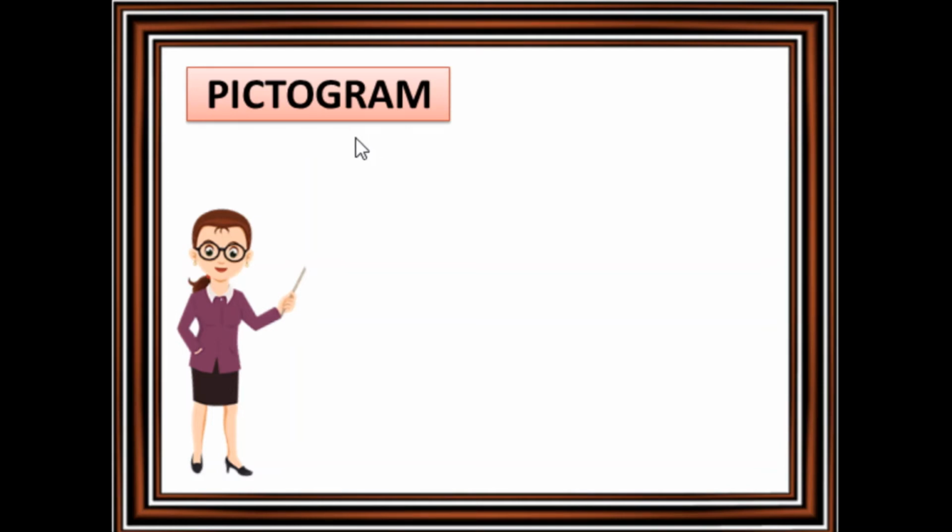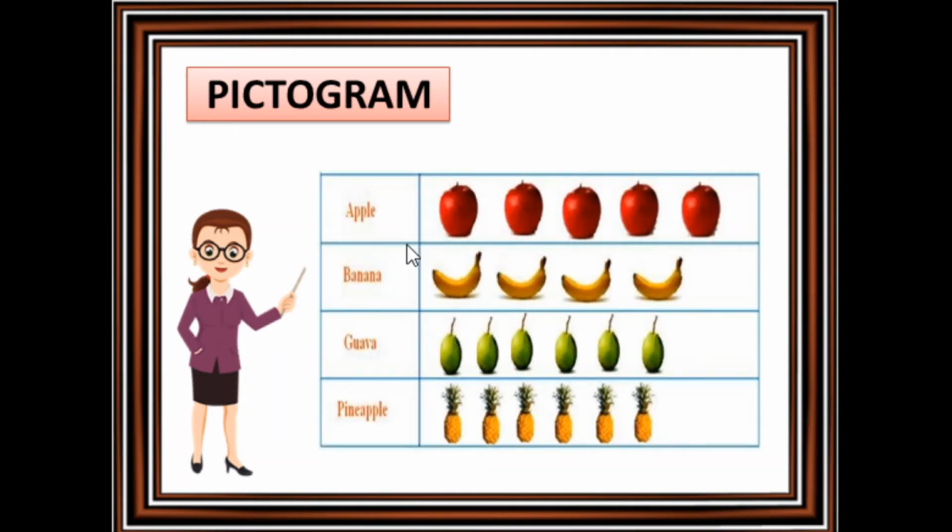Can you repeat after me? Pictogram. Alright, good job. We are going to make a pictogram. A pictogram is another chart that uses pictures, symbols, or small icons to represent data. For example, this one.